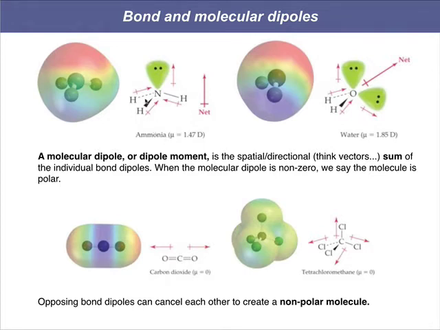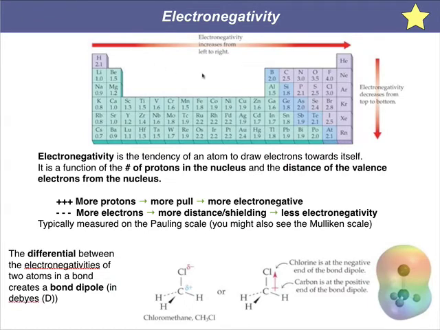So here's ammonia. Ammonia has 3 bond dipoles, hydrogen to nitrogen, where hydrogen is the positive end, nitrogen is the negative end. Again, if we go back and look at our table, we've got hydrogen at 2.1 and nitrogen at 3. So that's, again, fairly large, a 0.9 difference in electronegativity.